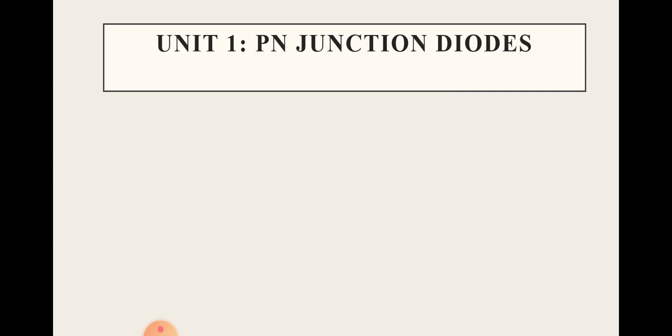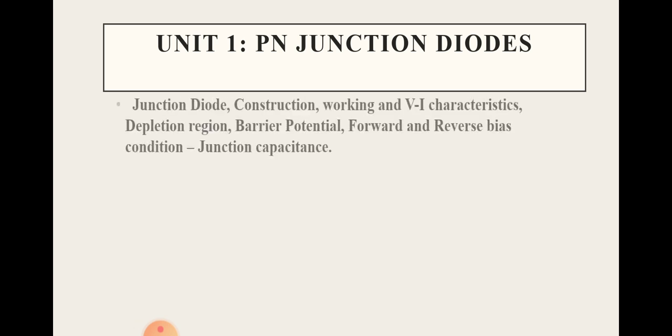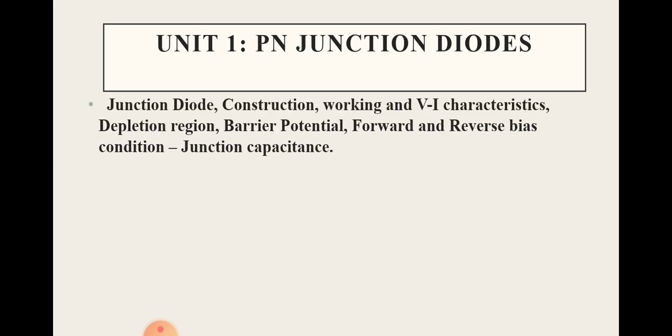Unit 1 is PN junction diode. Diode means what? It is a semiconductor device which conducts in one way only. So we are going to study this in detail. So I am going to discuss only the points that we are going to study in this unit. So what we are going to study?